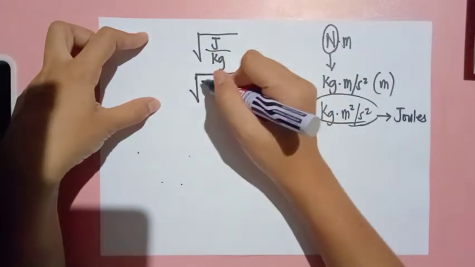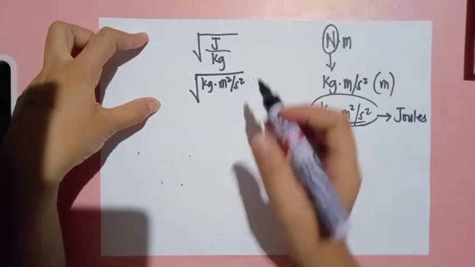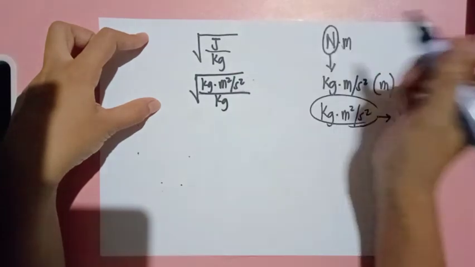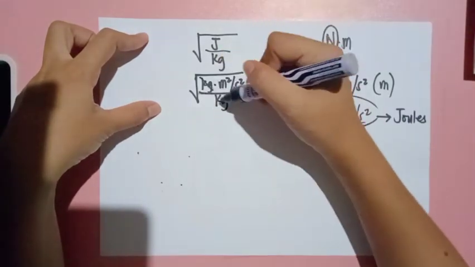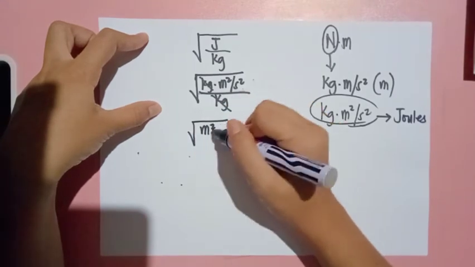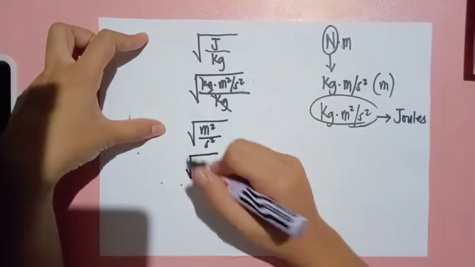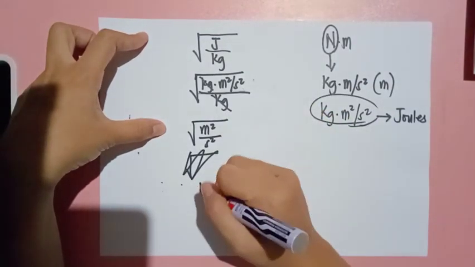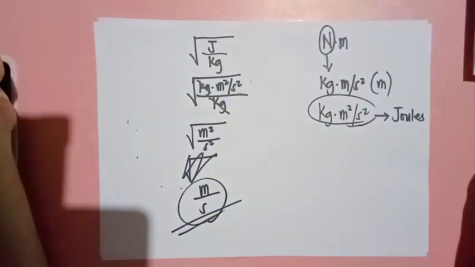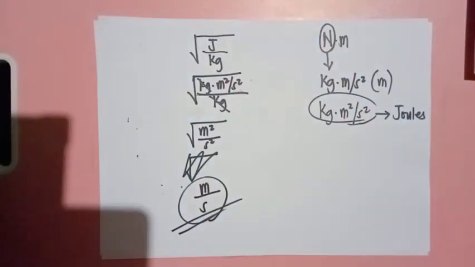Joules is kilogram meter squared per second squared divided by another kilogram. So we can cancel this. Square root of meter squared per second squared is meter per second. So that is how we came up with the unit meter per second in our solution.